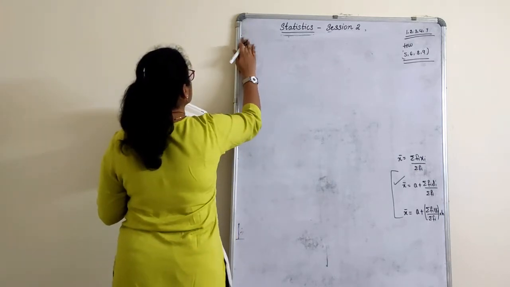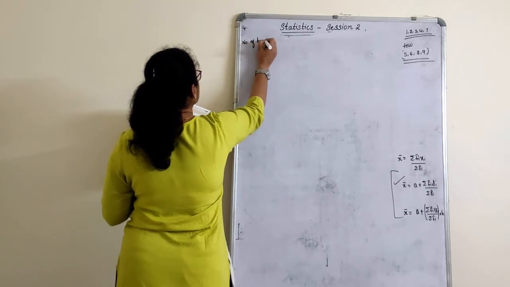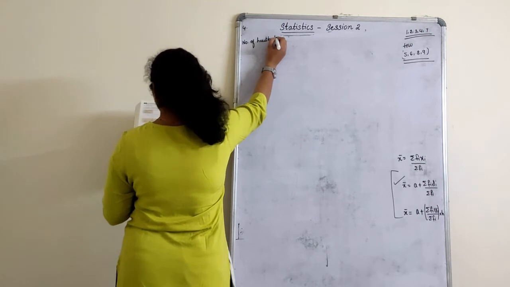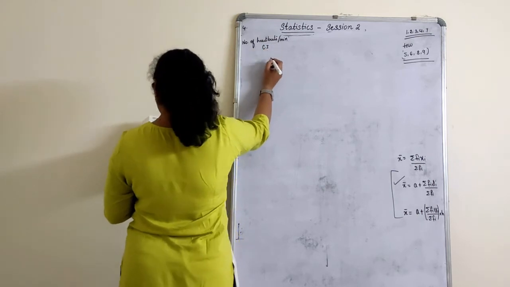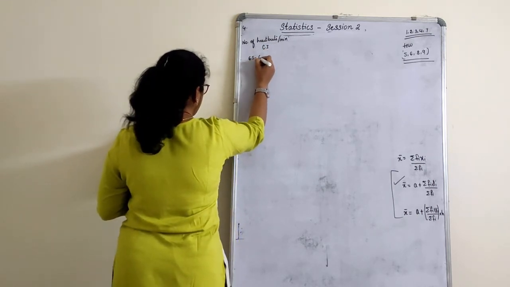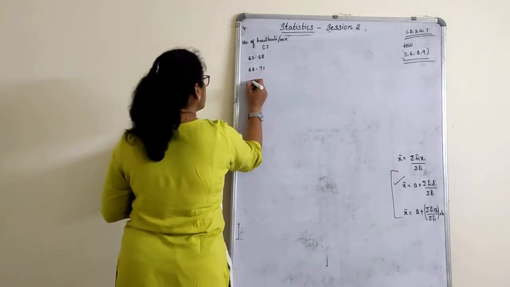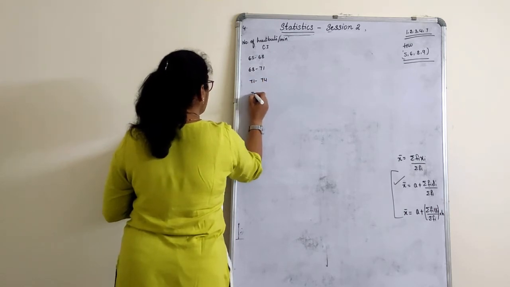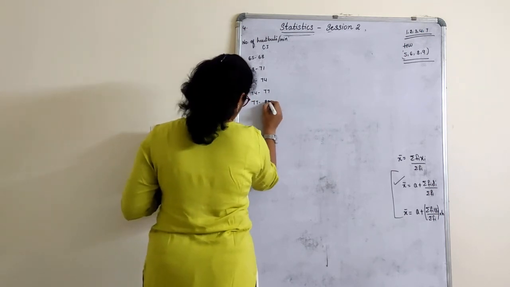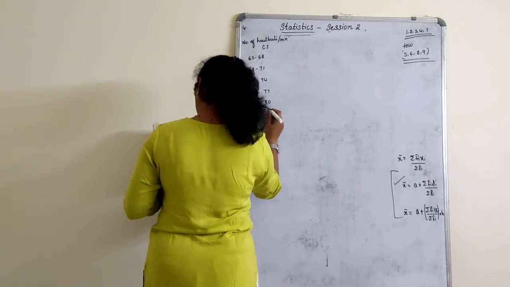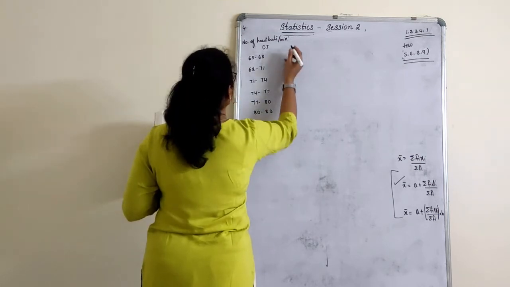So, number of heartbeats per minute, which is nothing but CI: 65 to 68, 68 to 71, 71 to 74, 74 to 77, 77 to 80, 80 to 83, 83 to 86.